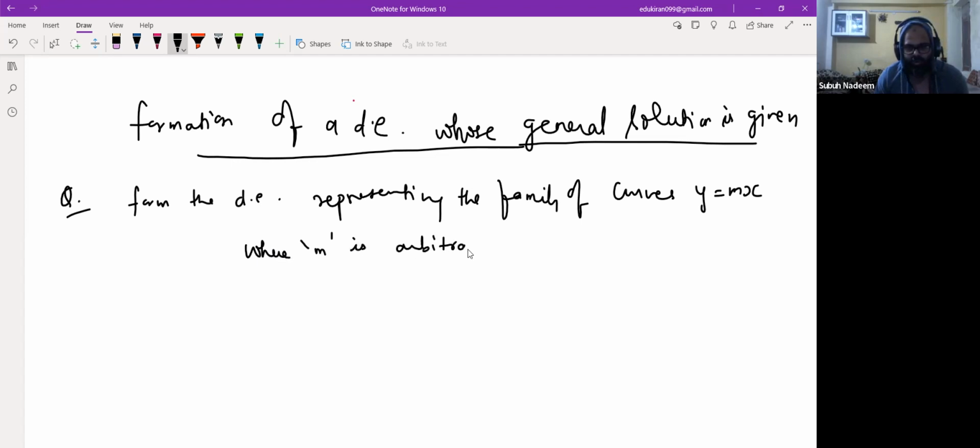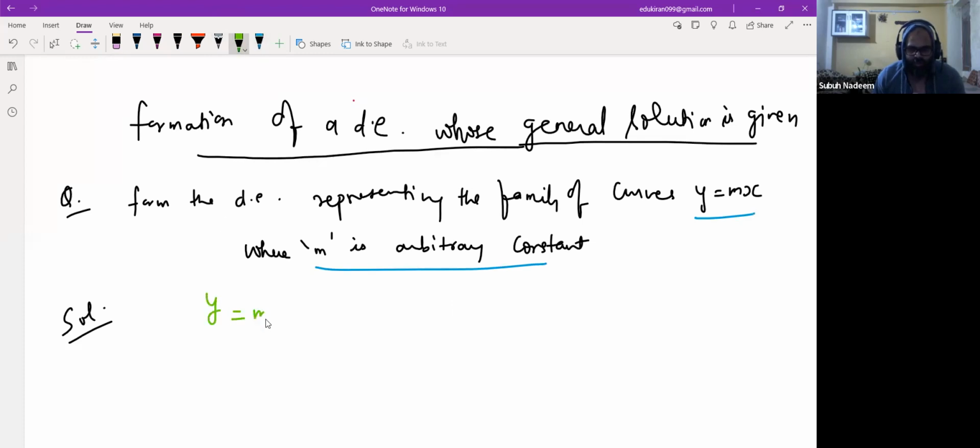So remember, our task is to get rid of the arbitrary constant. So when we try to get rid of the arbitrary constant, how do we get rid of it here? y is equal to mx is there and m is the arbitrary constant. So we write y is equal to mx, and then we differentiate it.